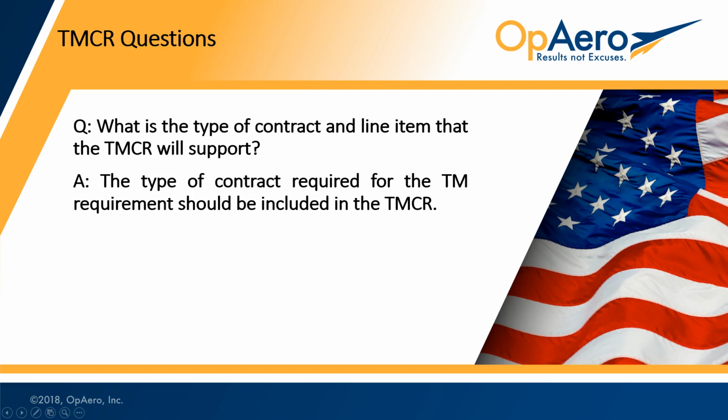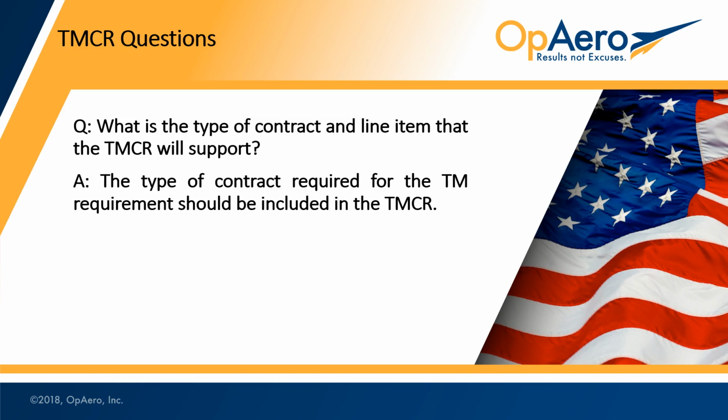The next question you should ask yourself if you're writing a TMCR is: what is the type of contract or line item that the TMCR is going to support? The type of contract required for the tech manual or for the IETM should be included in the TMCR. You might be using a research, development, test, and evaluation contract, or a BOA, which is a basic ordering agreement.